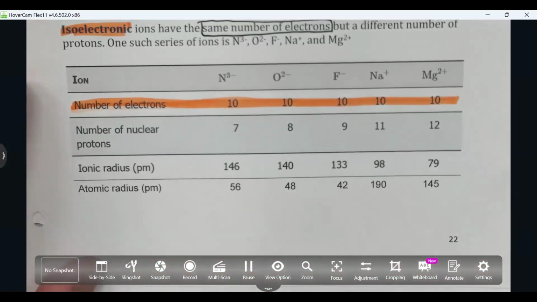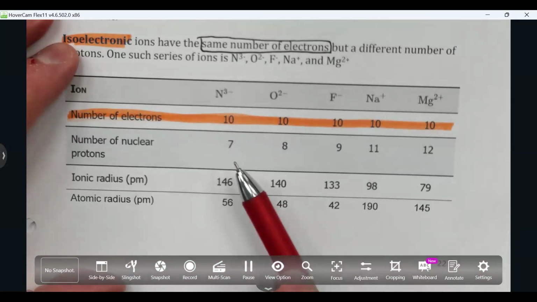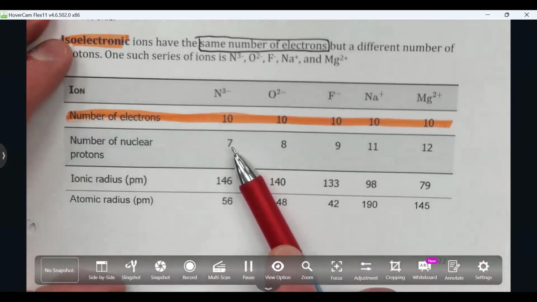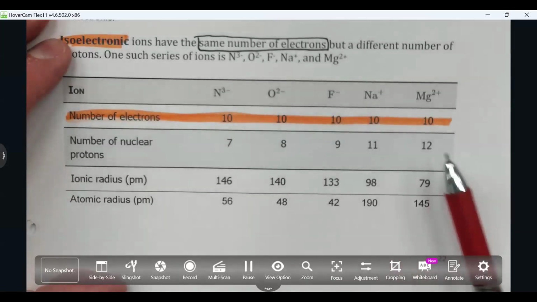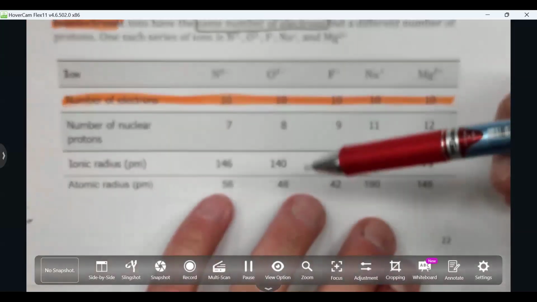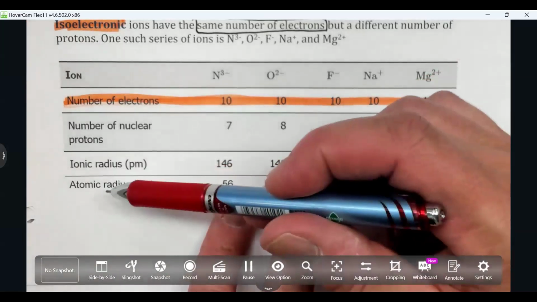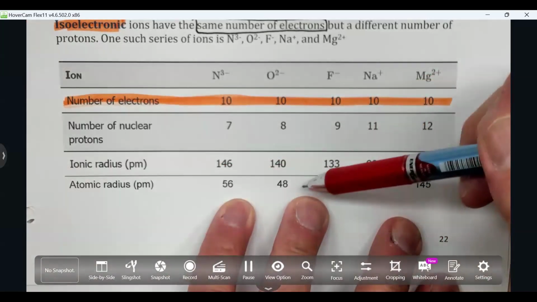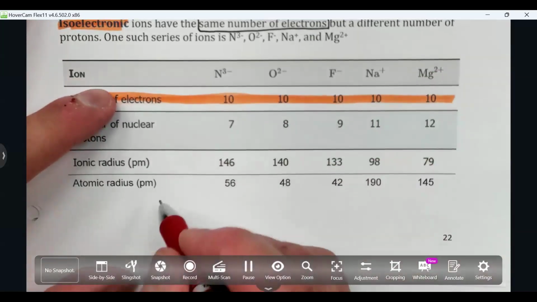Okay, now look at what happens to the protons. You've got 7 protons, 8 protons, 9, 11, 12. First of all, the atomic radius down here. So this right here is the neutral atom.